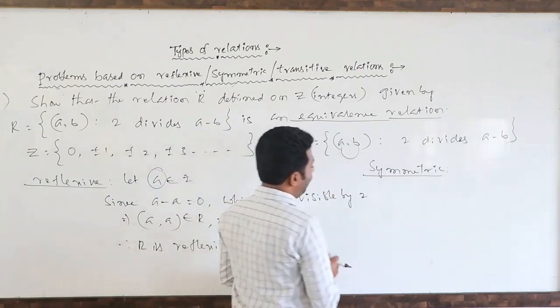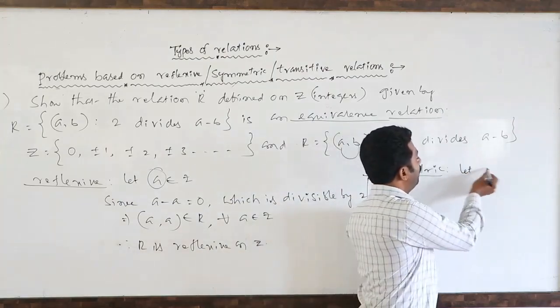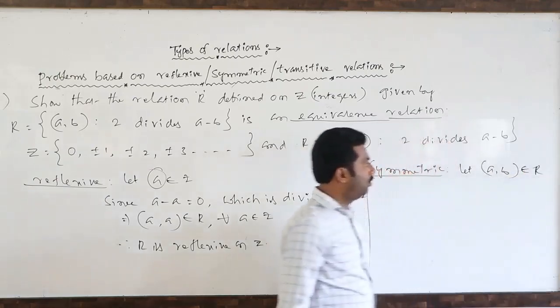So I will take any one ordered pair from the relation. Let (A, B) belong to capital R. What we have to prove?